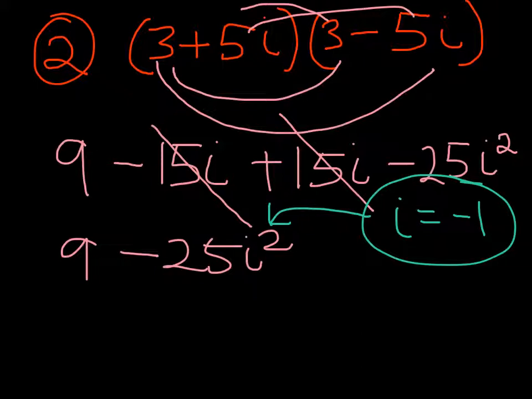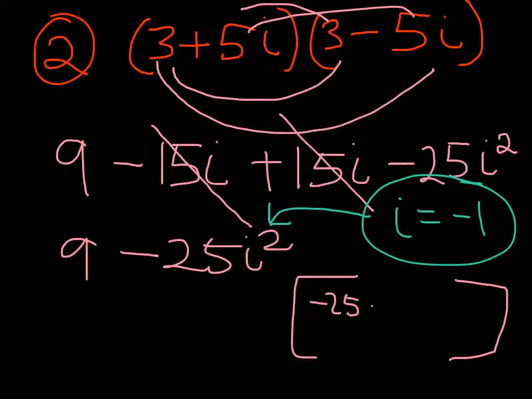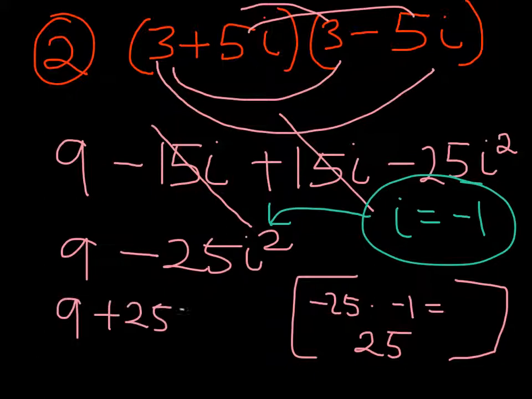Therefore, we have negative 25 times negative 1 equals, and when a negative times a negative, we get a positive, so 25. So we have 9 plus 25 equals 34, and that's our end answer.